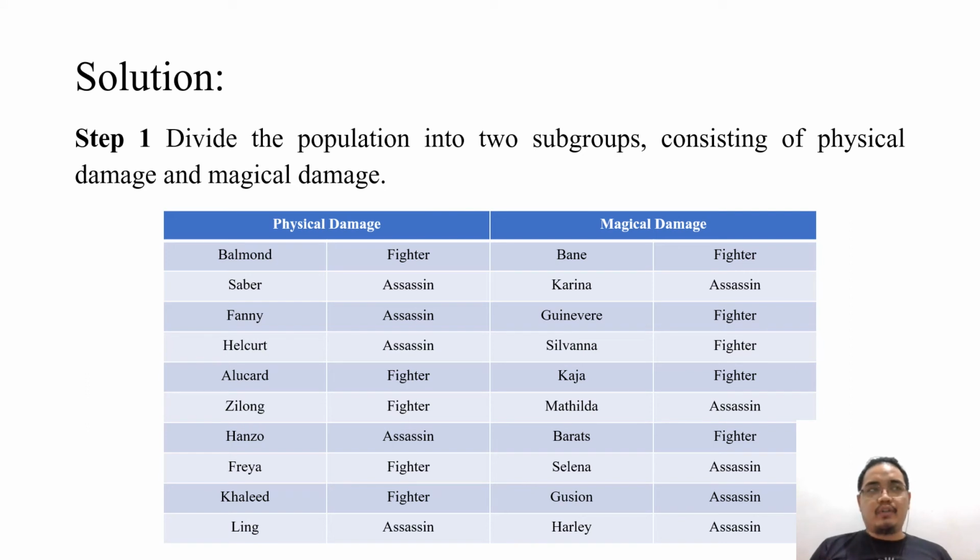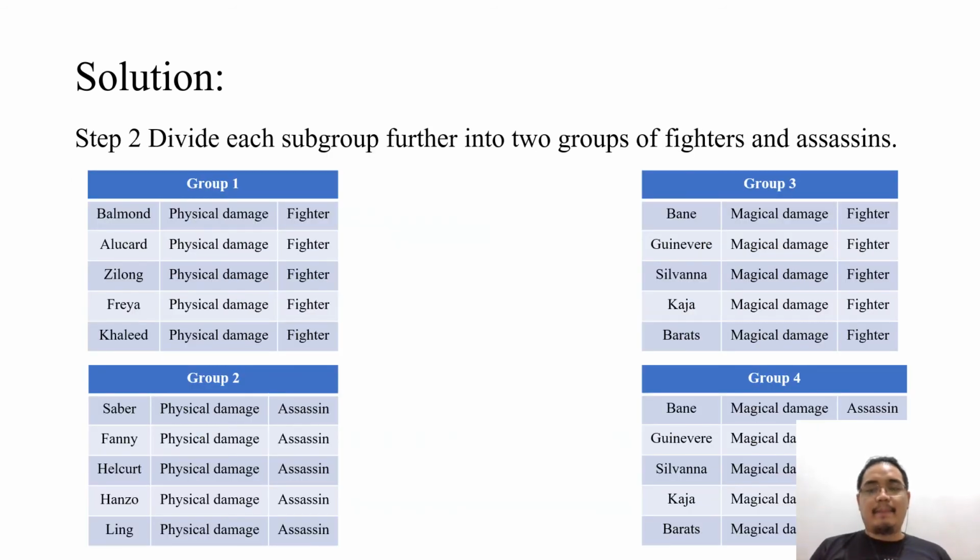And then, after grouping it, yung grupo na yan, mahahati mo pa sa another group. Yung physical damage, mahahati mo pa yan sa dalawang groups based naman sa role nila. Ganun din yung magical type. Okay, so ang mangyayari is, 4 na grupo na yan. So, merong physical na fighter, physical assassin, magic fighter, then magic assassin.